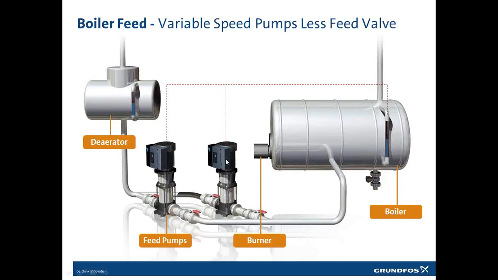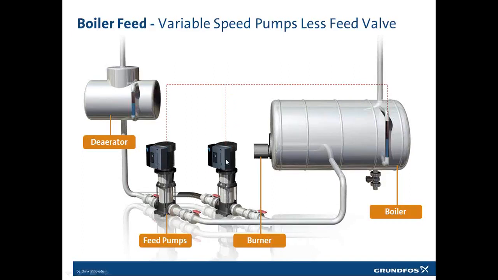I just control it on level. If the boiler is calling for water, then the pumps will speed up. If the boiler is saying, okay, I have enough water, I don't need any more, then the pumps will go down in speed. And if they are full, or if you reach the maximum level in the boiler, the pumps will simply stop.